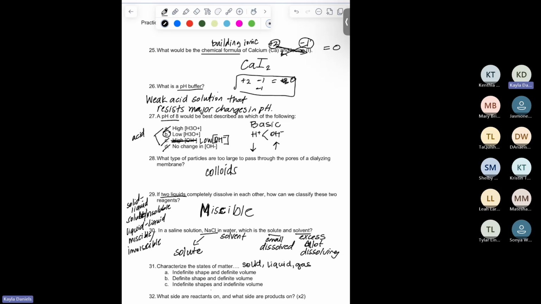Indefinite shape, since it takes on a different shape than in the container, but none of it disappeared, so it has a definite volume. So A describes liquids. B, definite shape and definite volume, solids, and then gas.